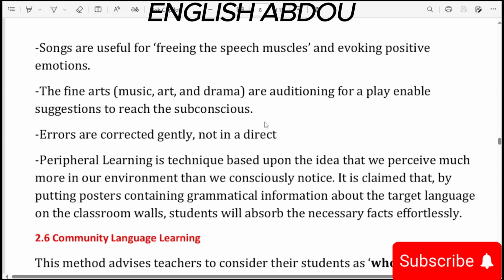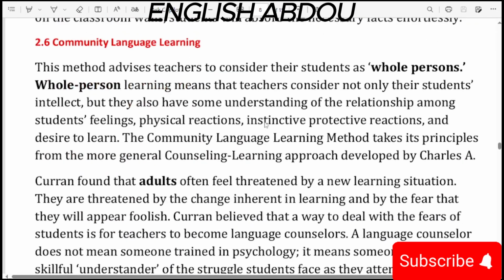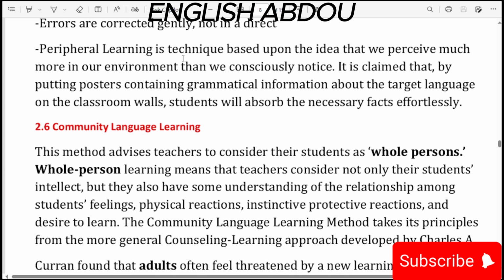As we said, teachers should decorate by putting rules, things that are necessary or that should be learned by students, on the wall, because subconsciously students will see it and grasp it in an indirect way. Of course, most of the problems of these theories are that they cannot be used in large classes.